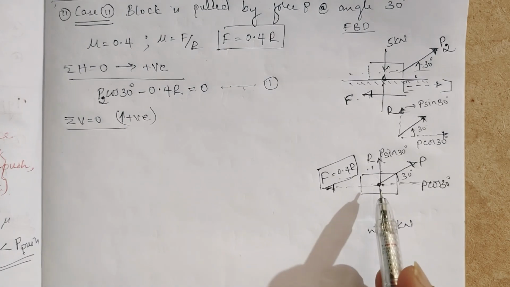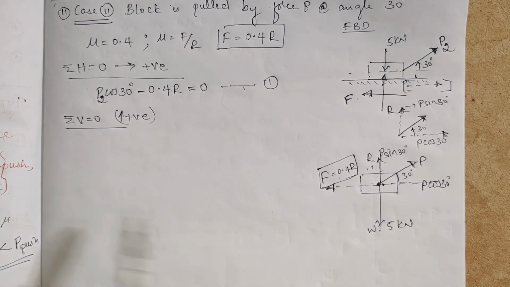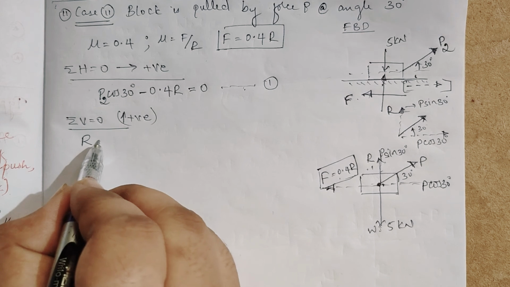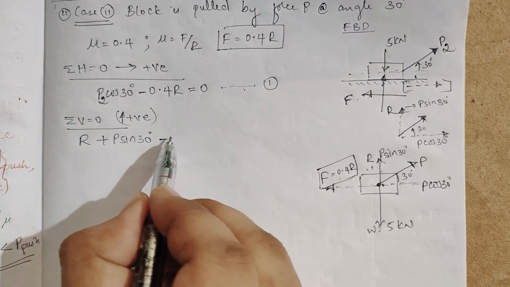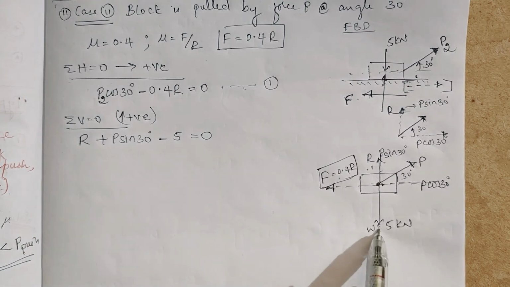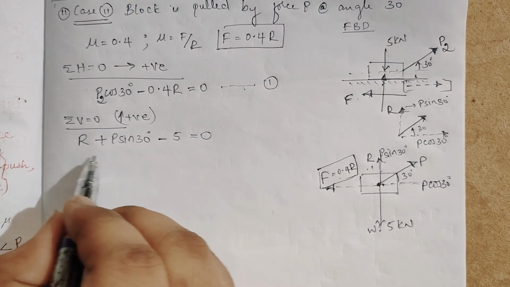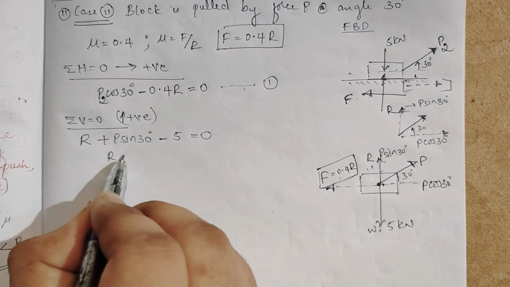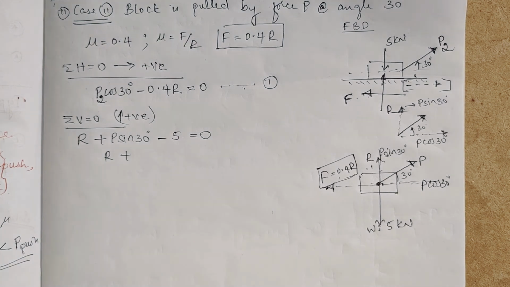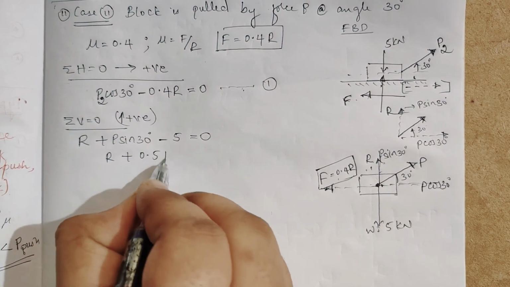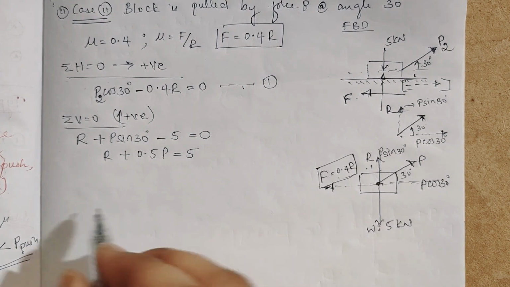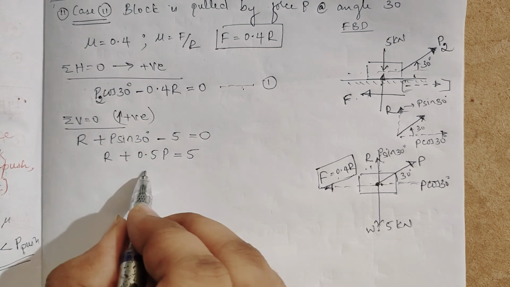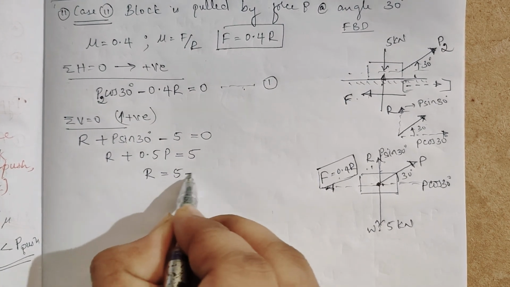Only vertical forces: R plus P sin 30 degree minus 5 is equal to 0, where 5 kilonewton is weight. Sin 30 is half, 0.5, so R plus 0.5 P is equal to 5. I'll transfer this 5 to that side, then R is equal to 5 minus 0.5 P.